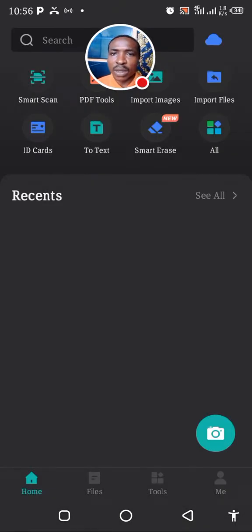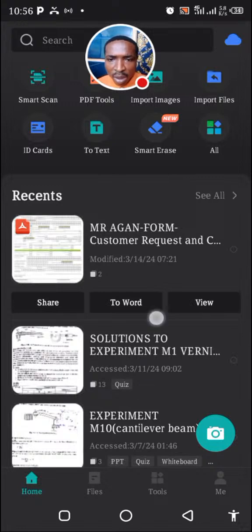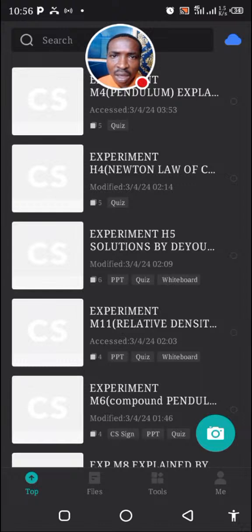There are so many different practicals on the compound pendulum, but we'll look at the area this manual seeks to cover, the aim of the experiment and what is expected of us, because there are so many variables and graphs that can be plotted in the compound pendulum. For this very manual, we have it as M6.